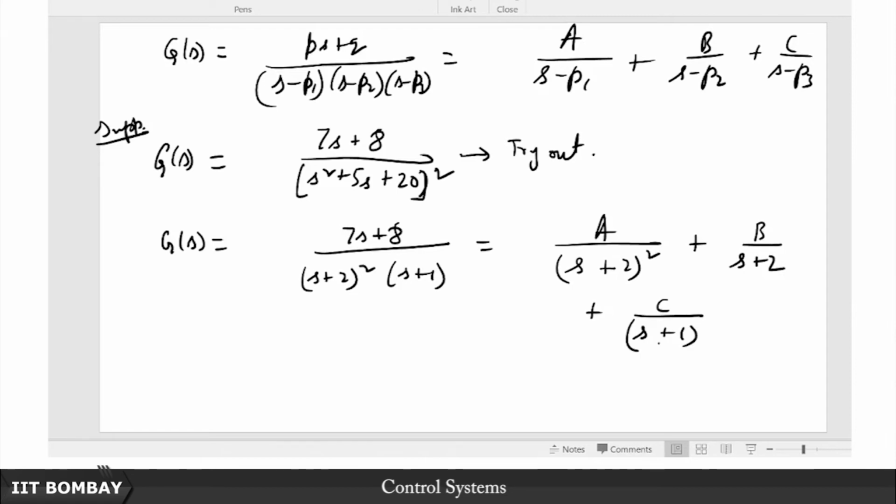What if 10 years down the line you have forgotten the exact way to do this, and by mistake you have missed out the B term? A natural mistake on the face of it, because you see only two types of terms here: (s plus 2) squared and (s plus 1). So if you take the least common multiple, it will be (s plus 2) squared into (s plus 1), and you might think you need not bother about this term.